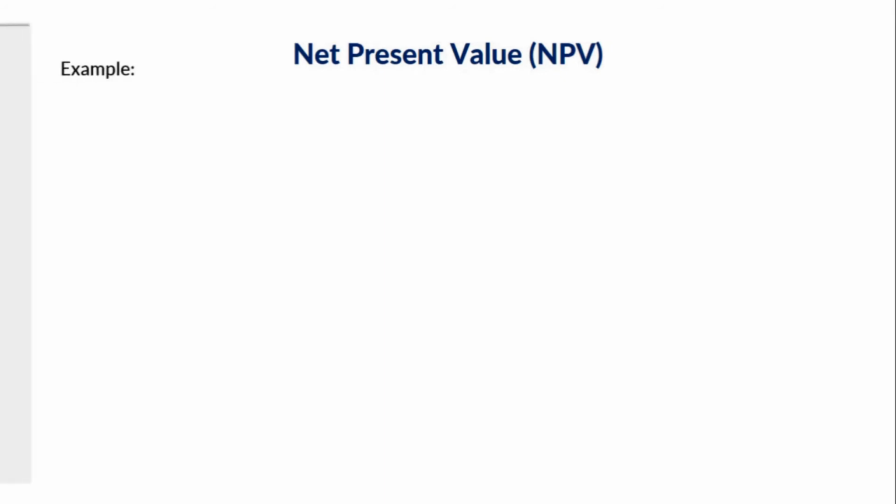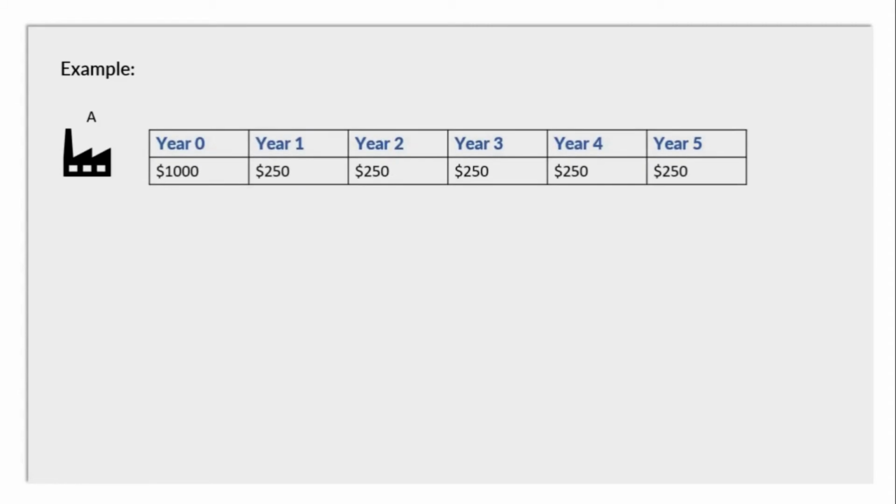Let's take an example first. Assume company A wants to invest in a project which has an initial cost of $1,000, but this project doesn't start generating income immediately. It generates income of $250 every year for the next 5 years, after which project is closed.